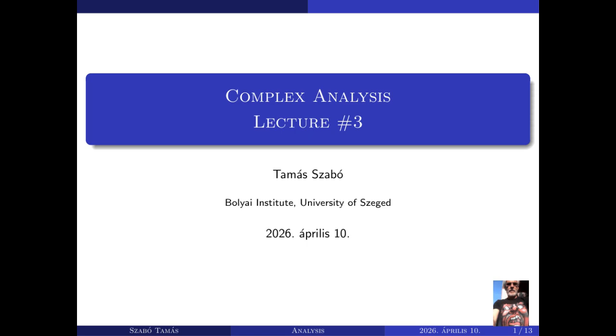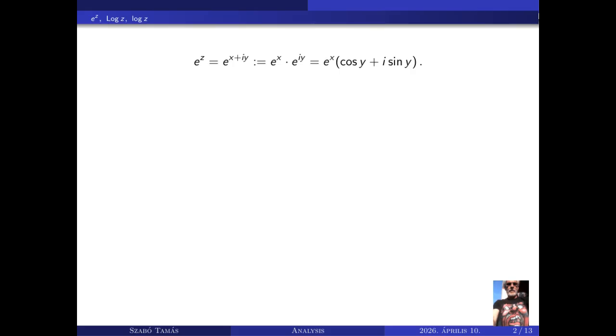Complex Analysis, Lecture 3. e^z = e^(x+iy), defined as e^x times e^(iy) equals e^x times the quantity cos y + i sin y.